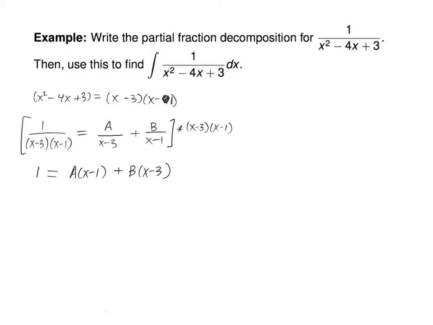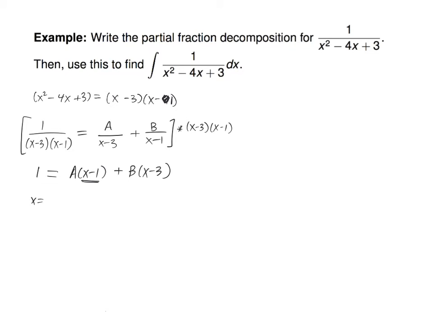Now there are multiple ways to find a and b at this stage, but the easiest way, which only works sometimes, is to choose clever values for x and plug them in. This equation is true for any x, so you can pick a specific x, one that makes one term go away. What number could I plug in for x that would make that term disappear? 1.